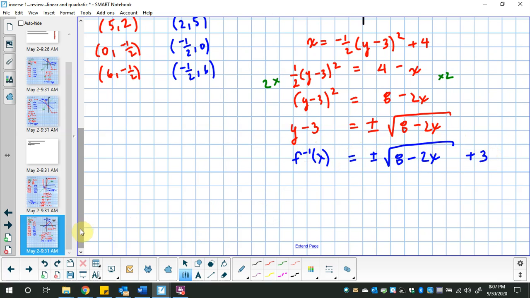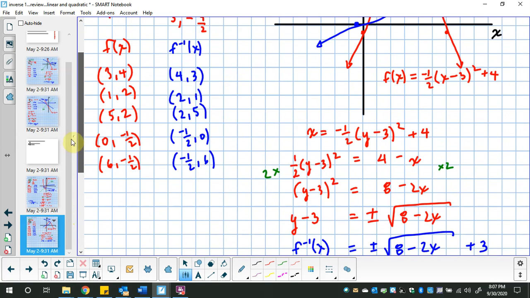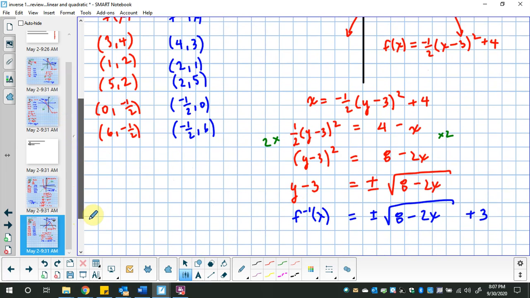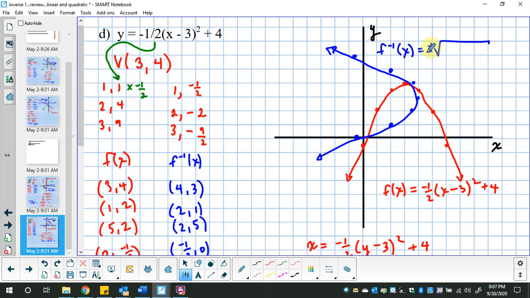So plus minus root 8 minus 2x plus 3. Dangle the plus 3. The end.